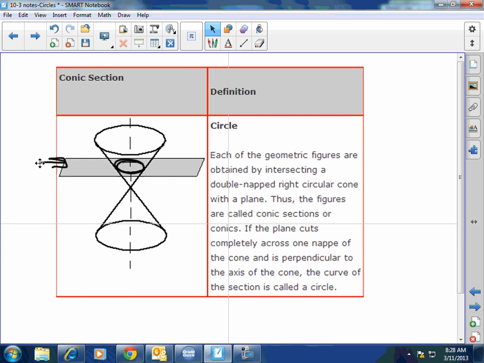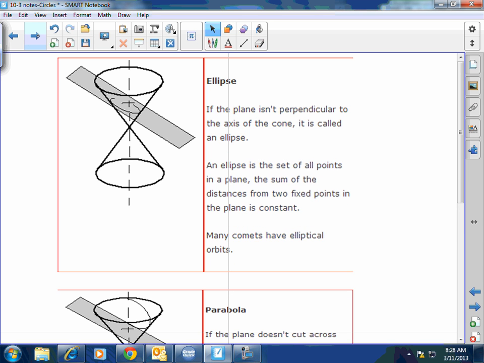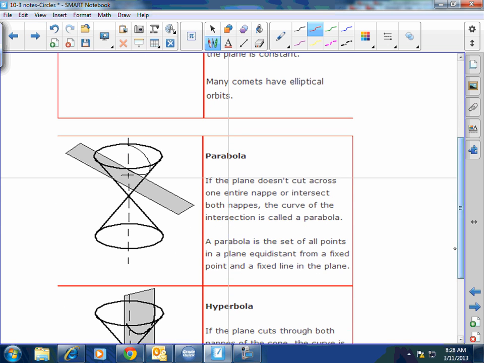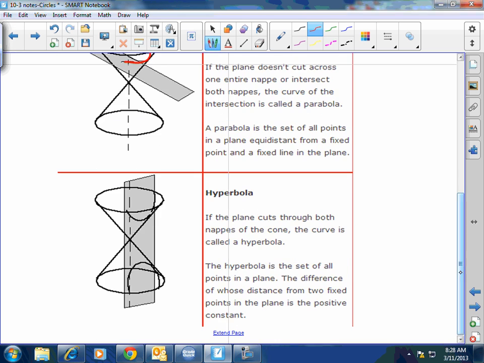If we proceed throughout the chapter, we're going to be seeing ellipses, which is kind of an oblong circle. We're going to be seeing parabolas, which we have already visited, which would be this guy right here, parabola. And we're going to be seeing hyperbolas, which come this way and that way.